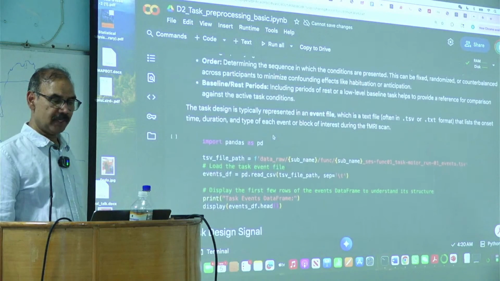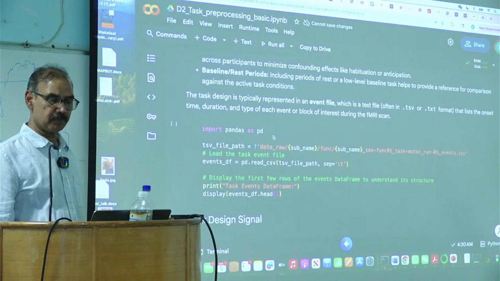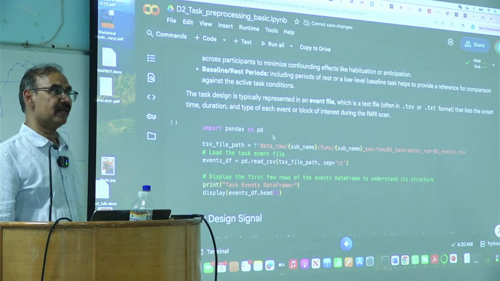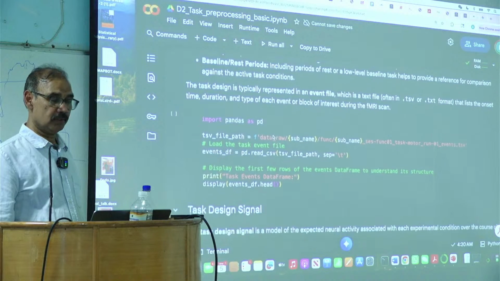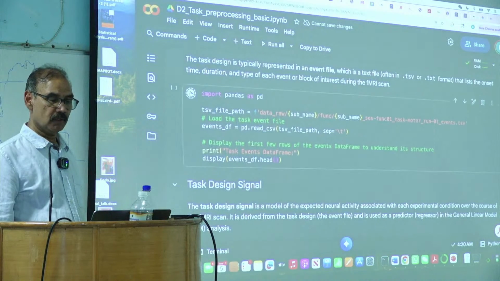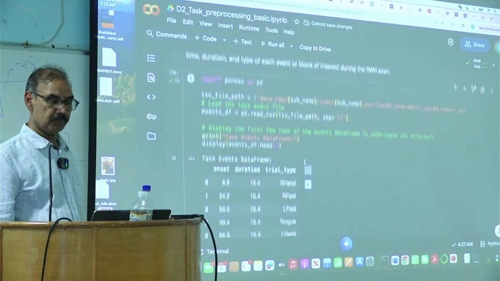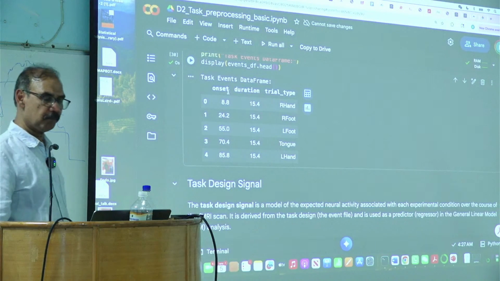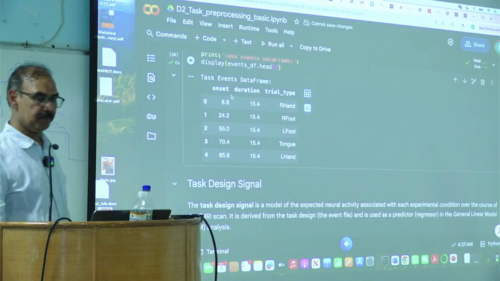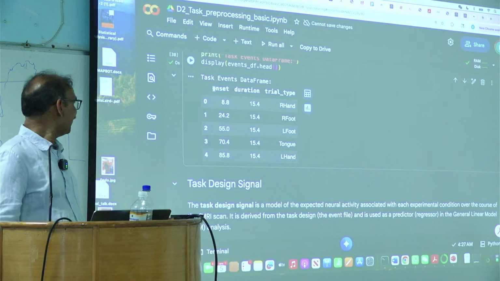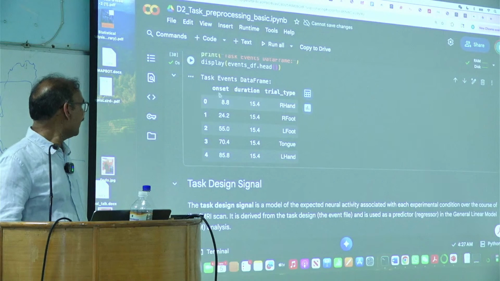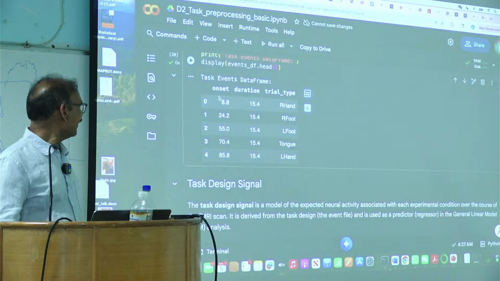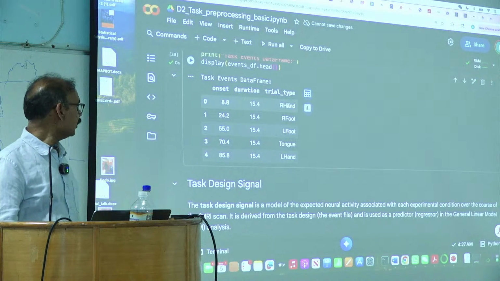The TSV file that was provided has that information. The TSV has onset from 8.8 to 15.4, right hand.